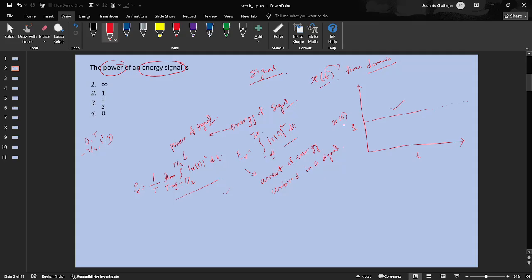Just intuitively. I am not worried about the math, exact values and all that. A signal which has amplitude 1, and the time tends to infinity, takes value 1. So what could be the energy?